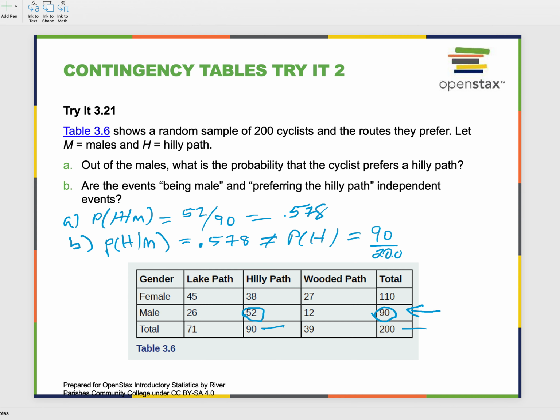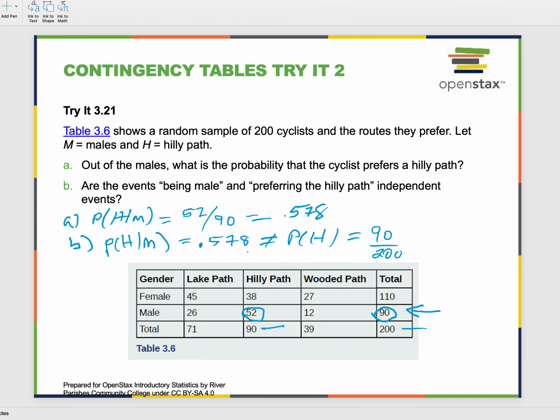And I don't have to even do the calculation, 90 divided by 200 is going to be less than 50%. So it's not independent. They're not independent. I think only males would have had to like the hilly paths for that to be true.